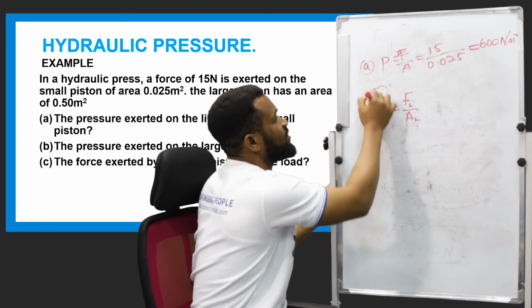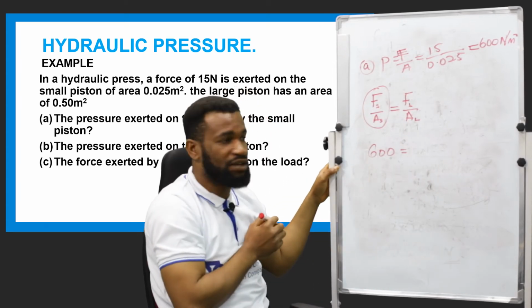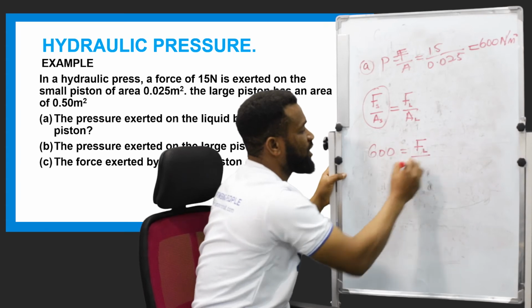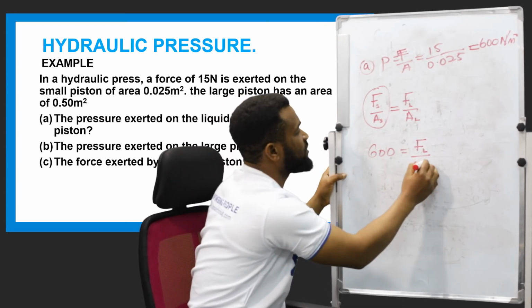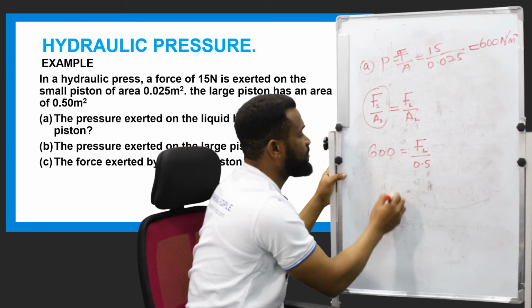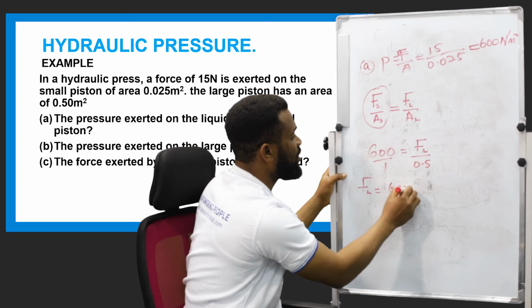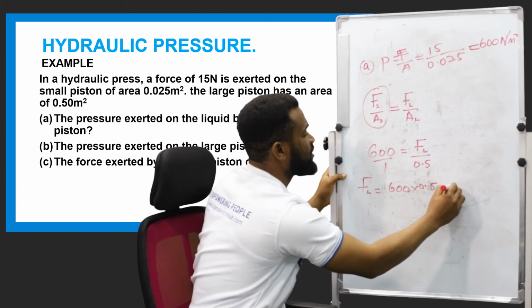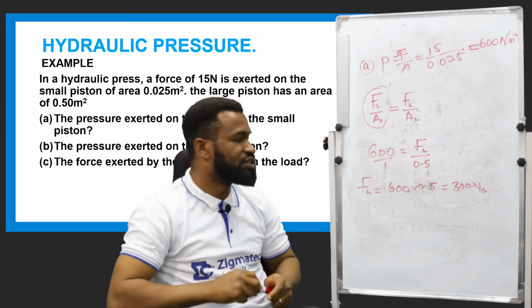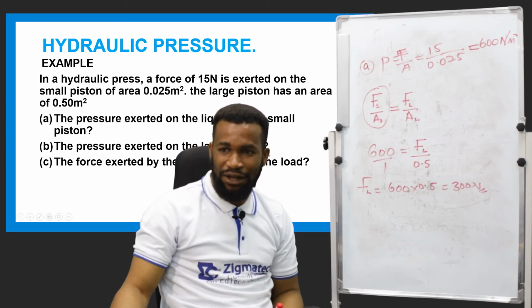So everything here is 600, because 15 over 0.025 is that. Then I don't know the force of the large piston, but I know the area, which is 0.5. Then the force on the large piston is 600 times 0.5, which gives you 300 Newton. So 300 Newton is the force on the larger piston.